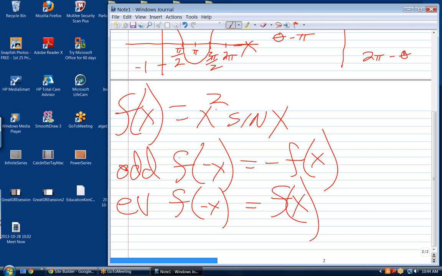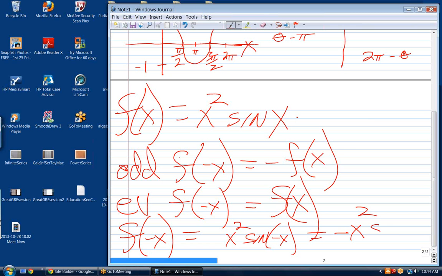The first thing you do is plug in minus x instead of x. So what is f of minus x for our function? I think it'll be odd, because negative x squared is positive, but then the other x will be negative. Correct. We have minus x squared times sine of minus x, which is minus x squared sine of x, which is equal to minus f of x. So that is odd.